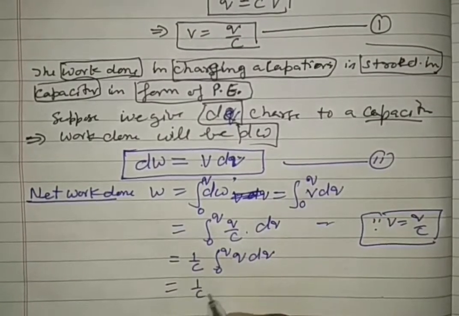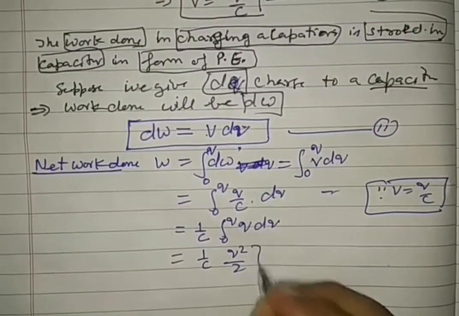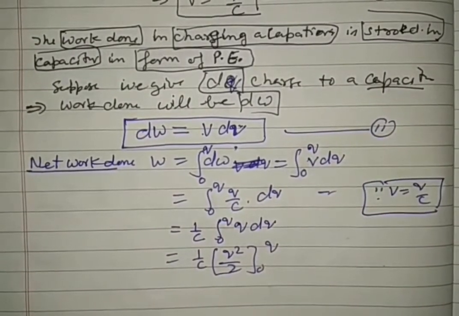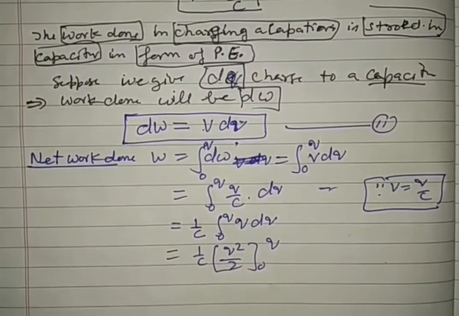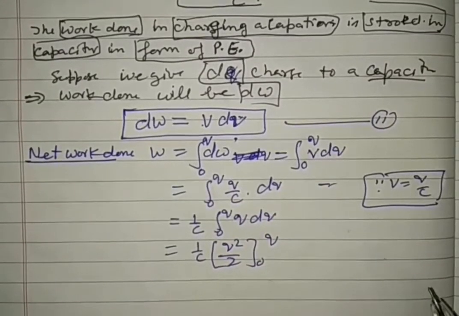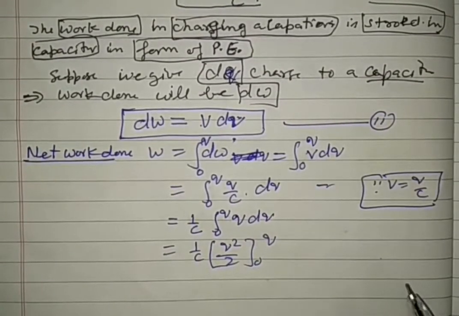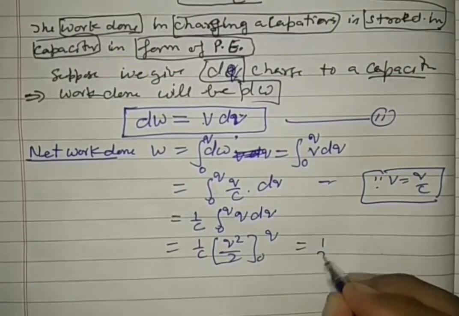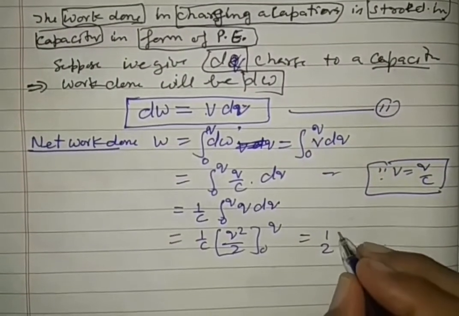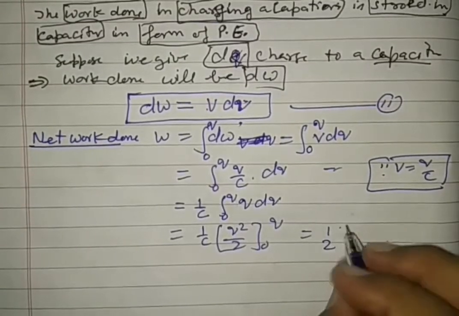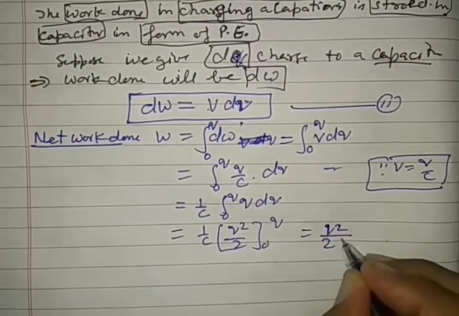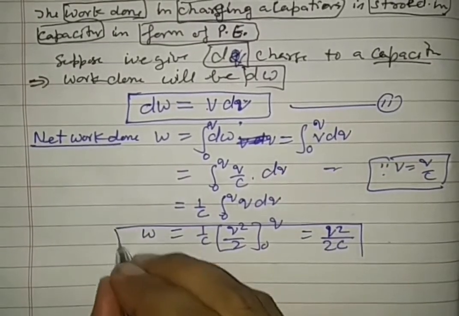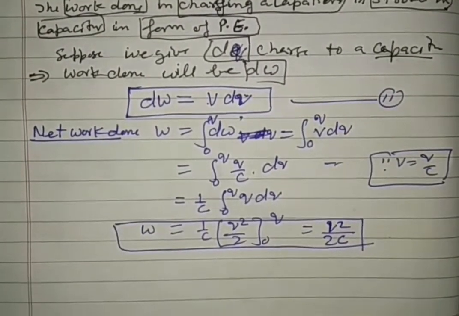Now it becomes 1 by c times q square by 2, from 0 to q. So the work done is equal to q square by 2c.